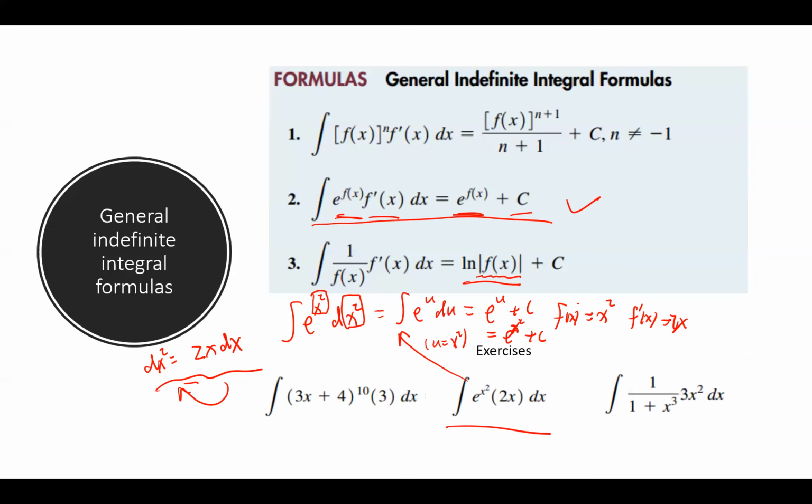So these are the different ways you can get it, but you can always remember to do the check. If we take e to the power of x squared plus c and take the derivative, does that get us the original integrand? If you take the derivative, it's going to be the outer layer multiplied by the inner layer.